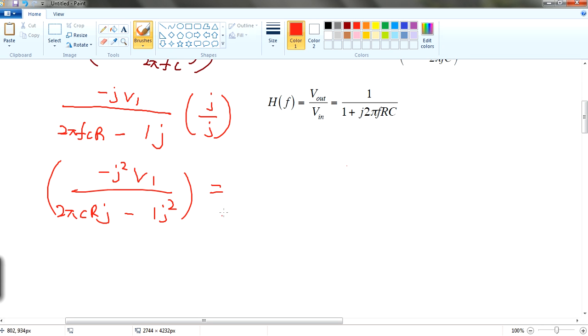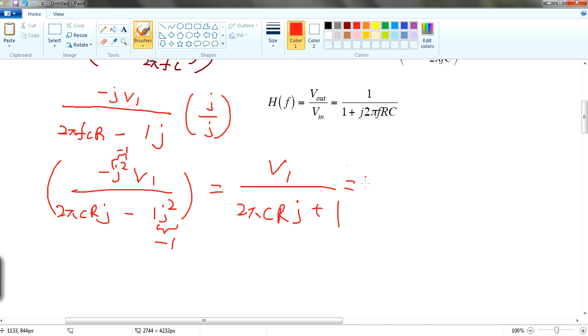I think you need to really do this in order to know. Plus 1, J square becomes minus 1, so minus 1 is a plus 1, and this is also minus 1, so minus 1 is plus 1. So I have finally derived this one. So what can I do in order to reach this stage?